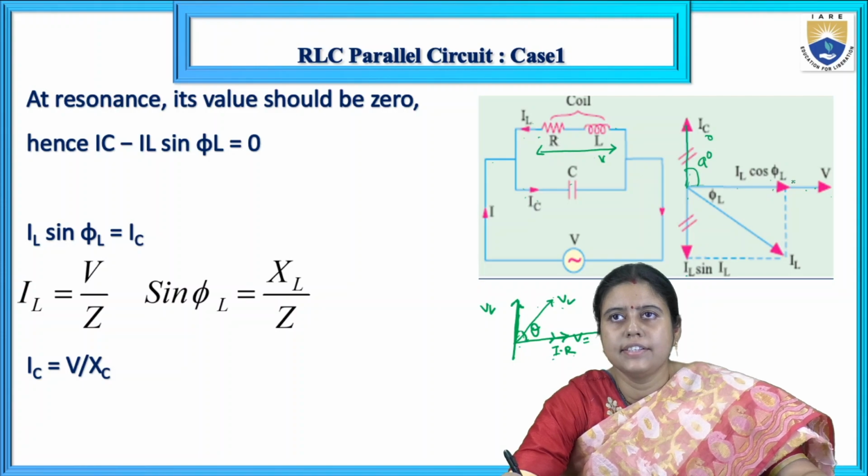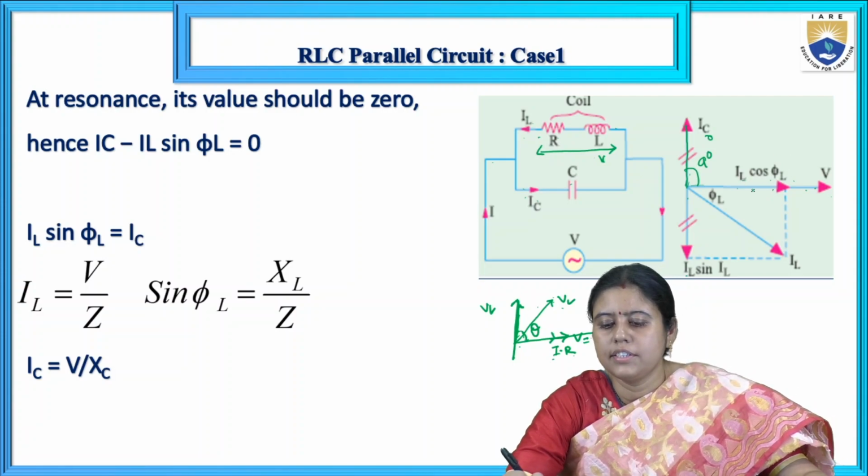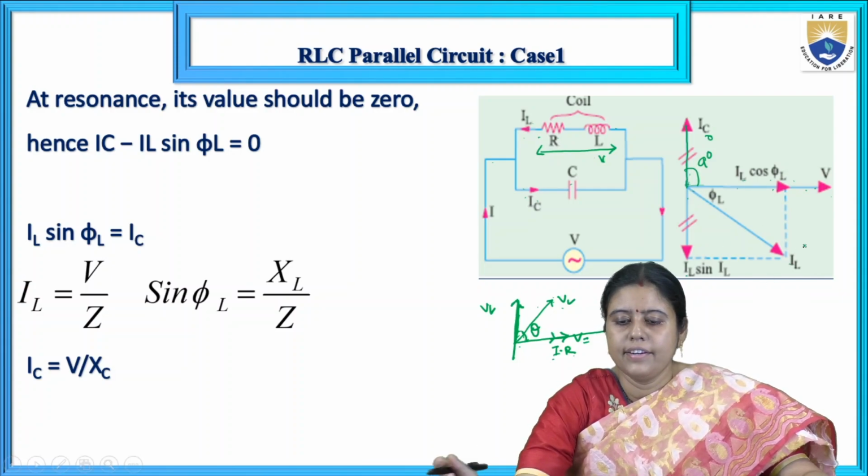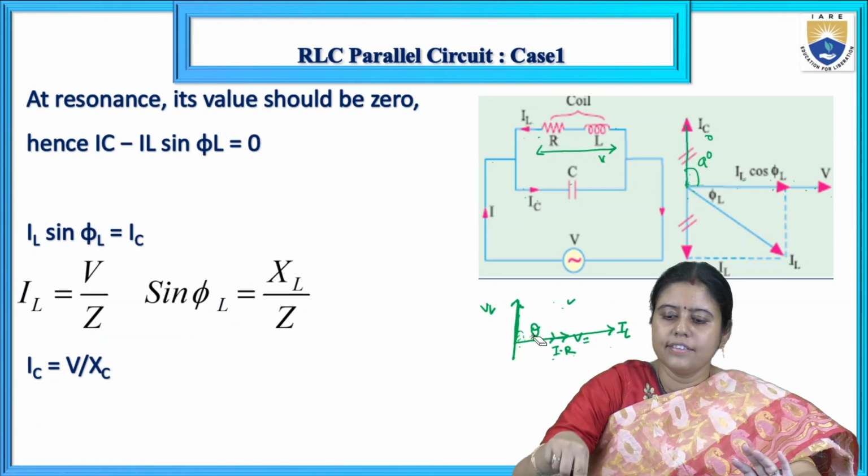If the angle is theta L, then IL cos theta L, and this is IL sin theta L, and this is our IL current. Clear? I think it is clear now.